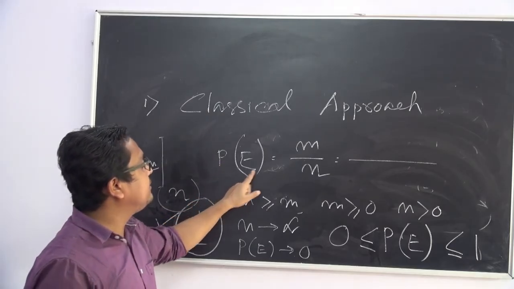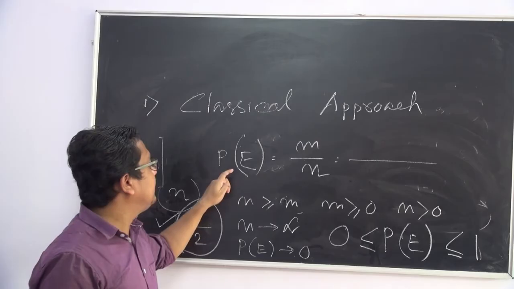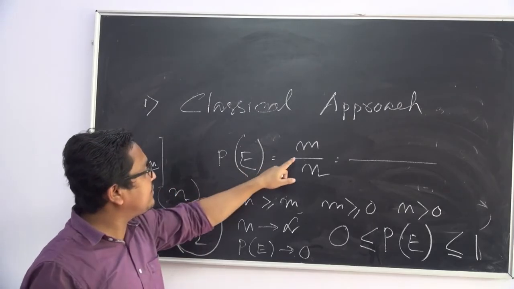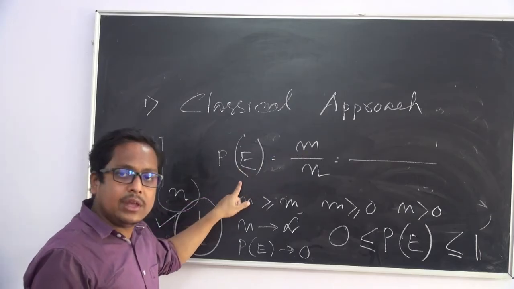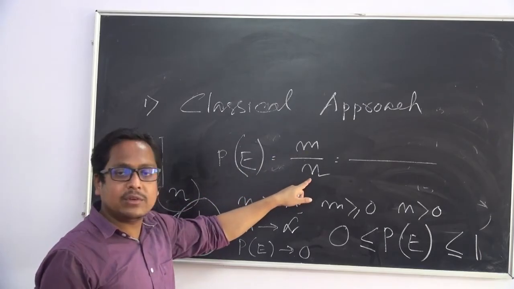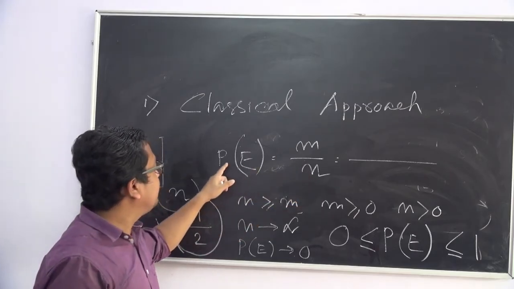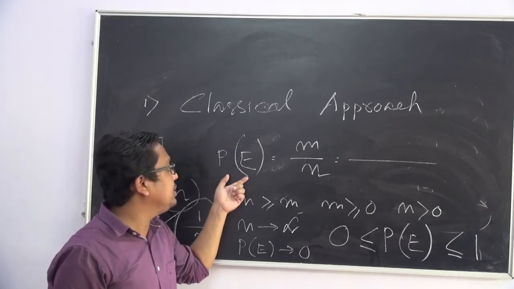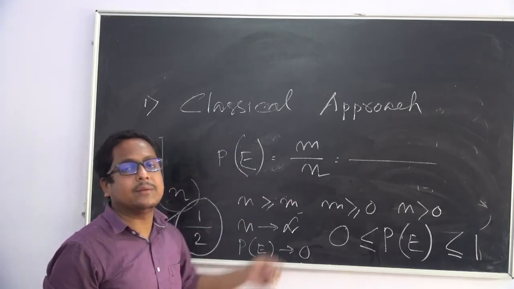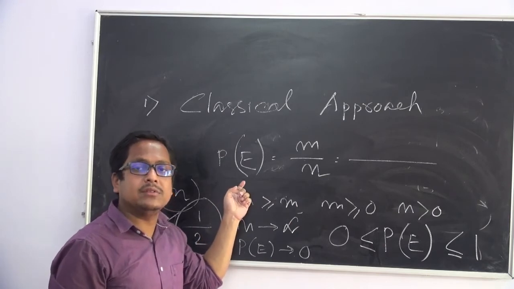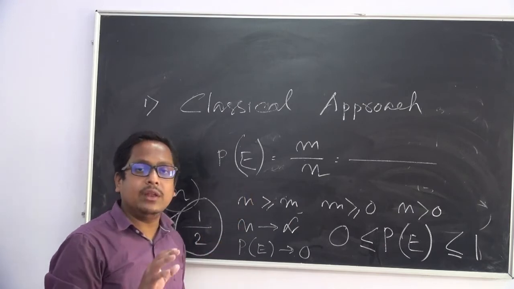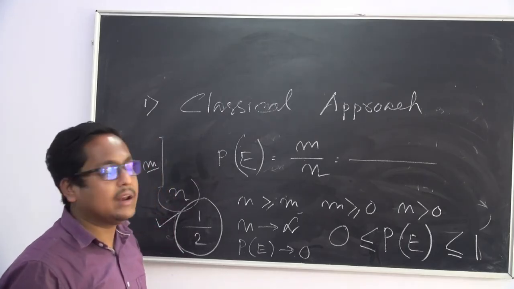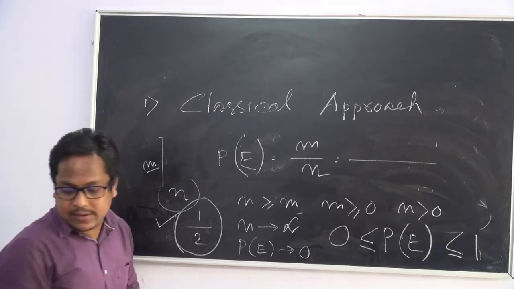Probability of E is equal to m by n. That means in n number of trials, if m are favorable for getting any event E, obviously with some condition applied for n, then the probability for occurrence of any event E is denoted by this.